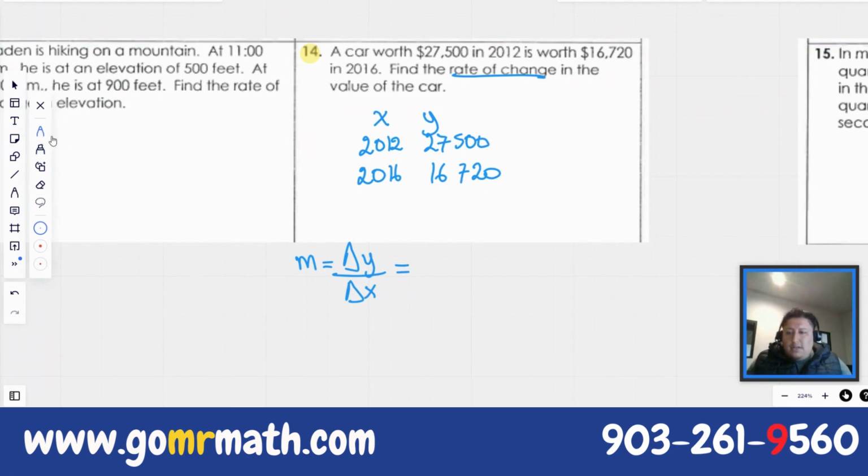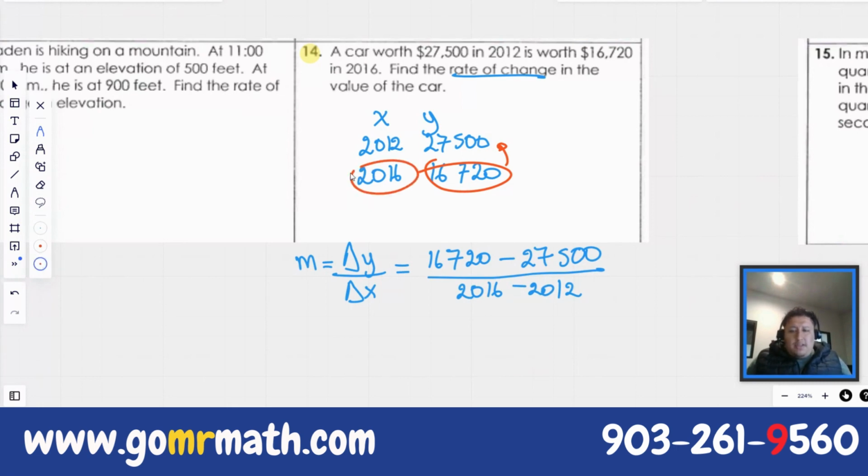So if we check this, from this point we want to see how did it change, right? So we're gonna have $16,720 minus 27,500. Then we have to subtract 2016 minus 2012.